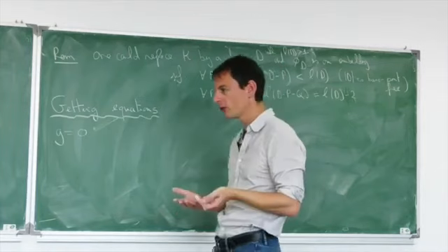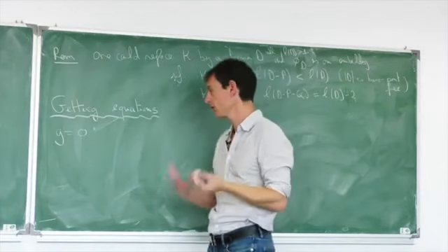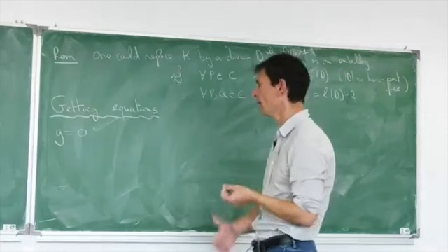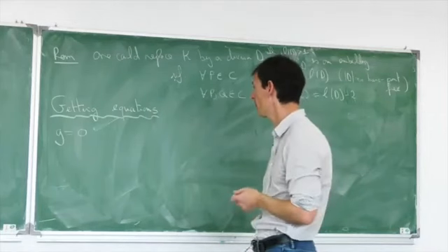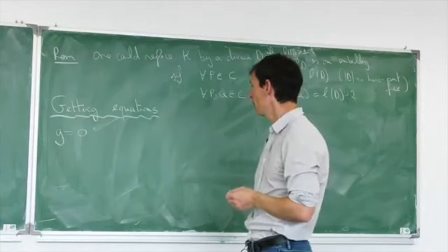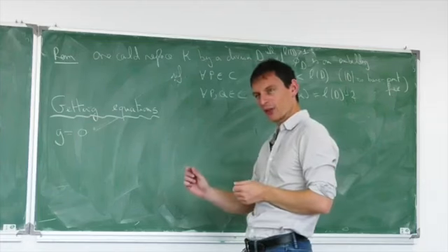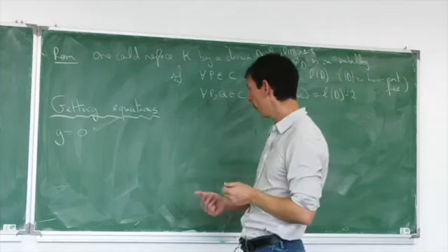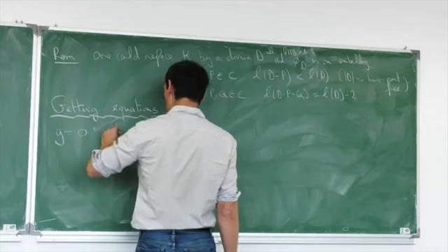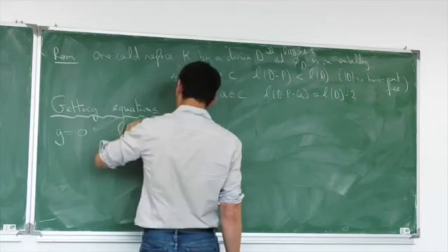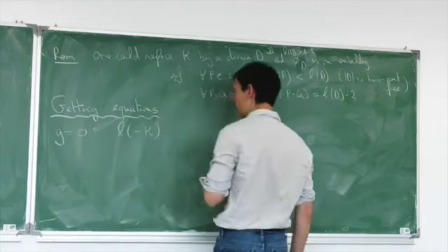So I have a divisor with negative degree, and if I have a divisor with negative degree, there is no function inside which is not 0. But fortunately, instead of taking kappa, I can look at minus kappa. So let's look at minus kappa. What can I say of L of minus kappa?